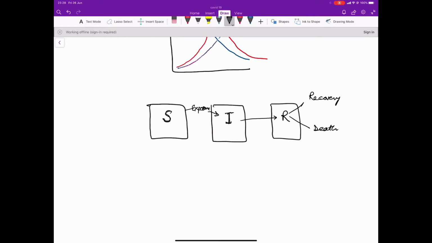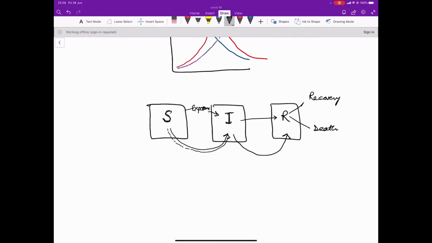Now the people are gradually getting subtracted from the S and being added to the infectious group, and again from that they are being subtracted and added to the R group. Now the rate at which people are getting subtracted from the S and added to the I can be quite fast, or it can be quite slow.